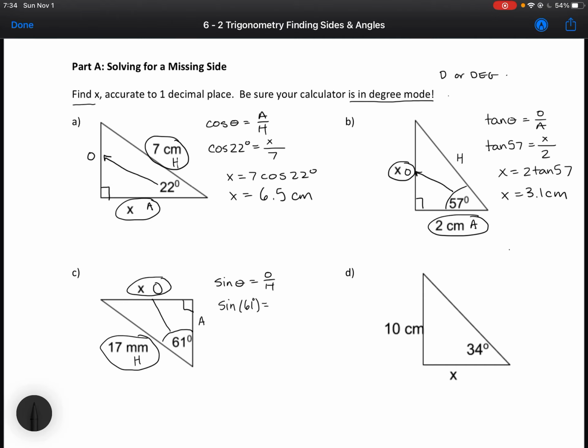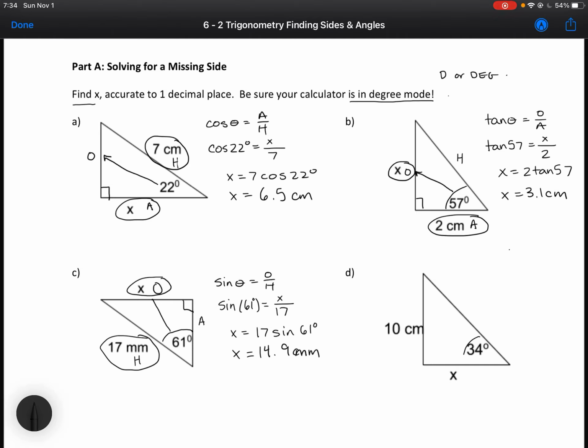Sine 61 is equal to our opposite side, which is x, over our hypotenuse, which is 17. And then here again, multiplying both sides by 17 gives us 17 sine 61. Putting that into your calculator, making sure you type all the values correctly should give you 14.9 millimeters.